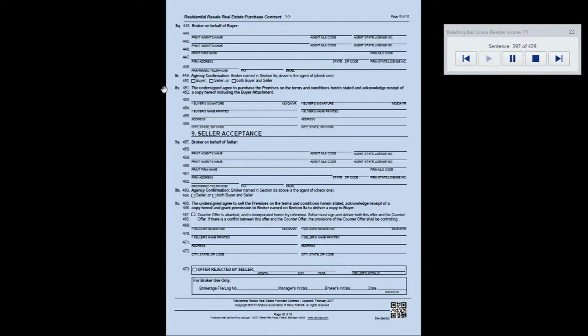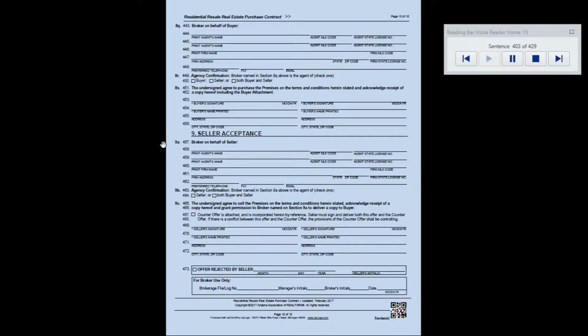The undersigned agreed to purchase the premises on the terms and conditions herein stated and acknowledge receipt of a copy hereof including the buyer attachment. Buyer's signature, month, day, year. Buyer's name printed. Address. City, state, zip code.